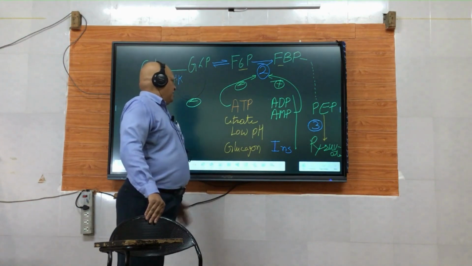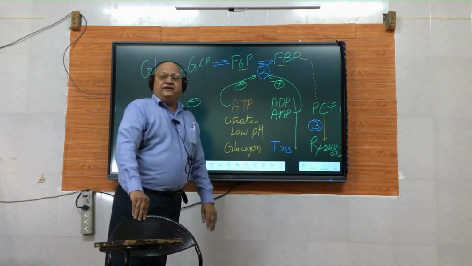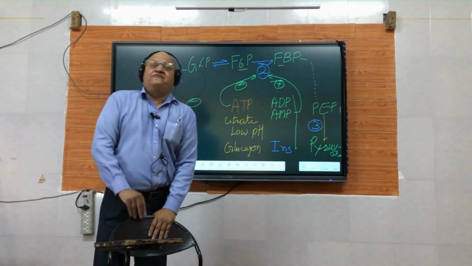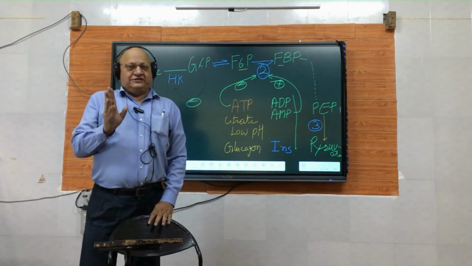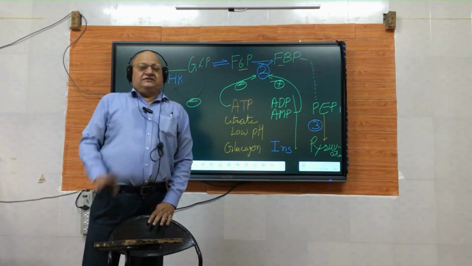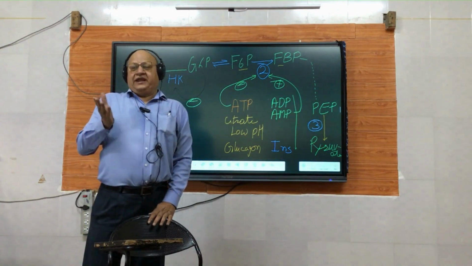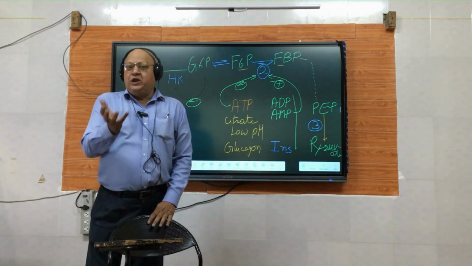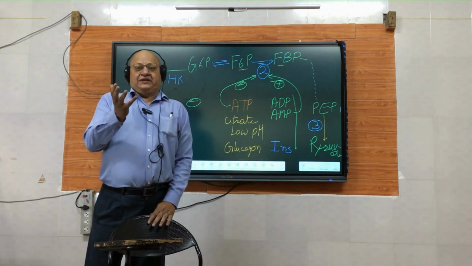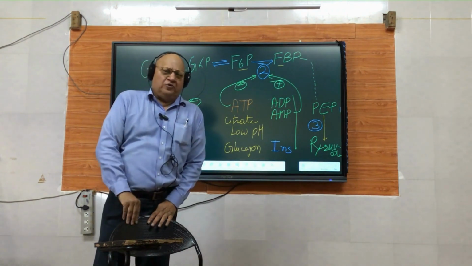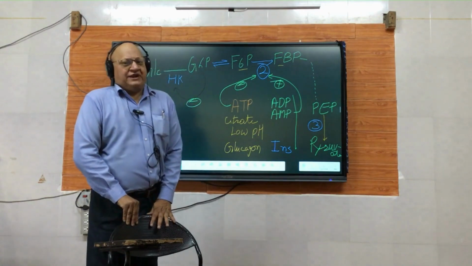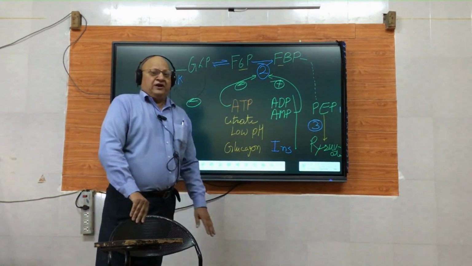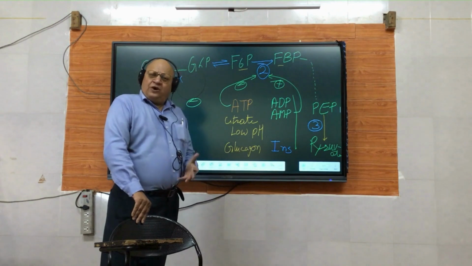and therefore glycolysis. Citrate, as you know, is the first intermediate of the TCA cycle. An increase in citrate concentration indicates that fuel molecules are present. The mitochondrial fuel molecules are already present in plenty.